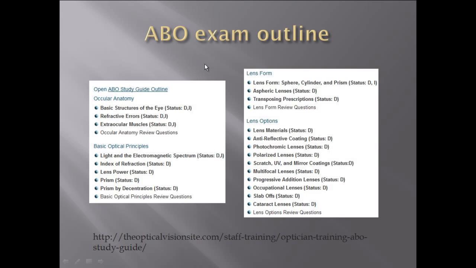If we go on over, we can see also that we have to know about the lens form: sphere, cylinder, and prism, which most of us know the basics of, and how to transpose between plus and minus. Also, different lens materials, learning about what is on the market today and what we are able to prescribe to patients.